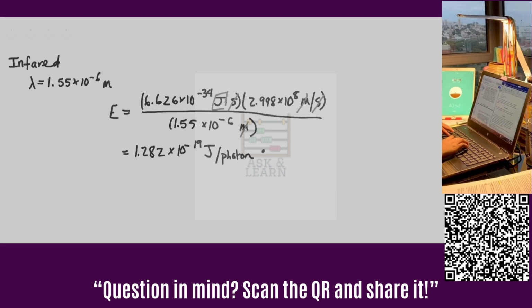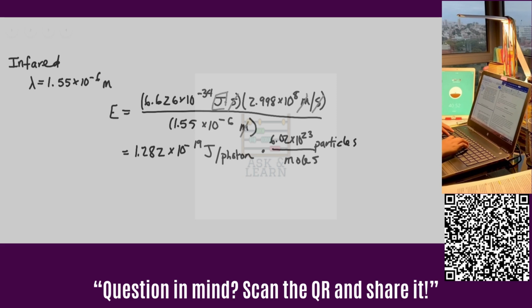Here, we're going to take the conversion we used way back at the beginning of Gen Chem, the classic 6.02 times 10 to the 23rd for particles and atoms in the number of moles, in order to get joules per mole.